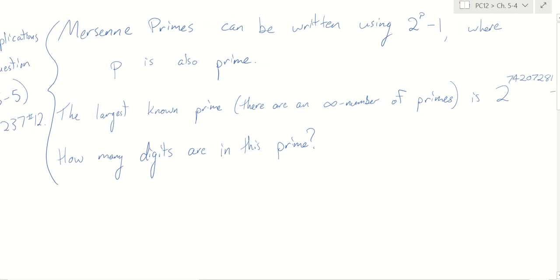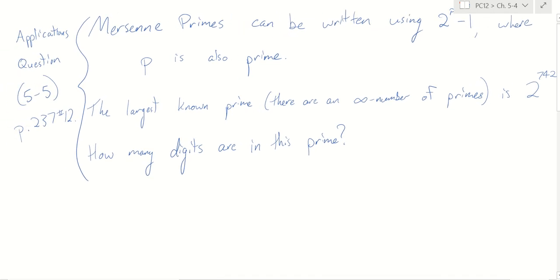chapter 5 lesson 1. A lot of the applications questions in Chapter 5, Lesson 5 are pretty similar to Chapter 5, Lesson 1. It's just that they're able to do similar questions that might need applications of logarithms in them as well. So for Chapter 5, Lesson 5, you'll end up doing a lot of questions that involve this formula.